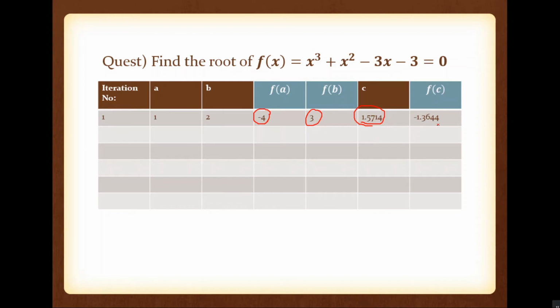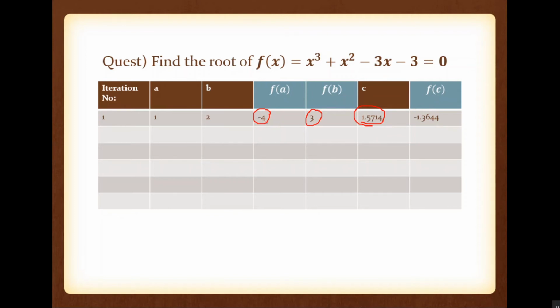Okay, now can you say for the next iteration, what we have to replace, a or b? Anybody? I told you we are actually following the bisection method. The only difference is the method used to calculate c. Otherwise we are following the exact bisection method. So what we have to do? Take the product of f of a and f of c.